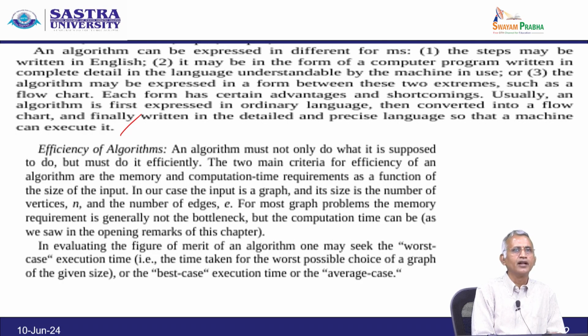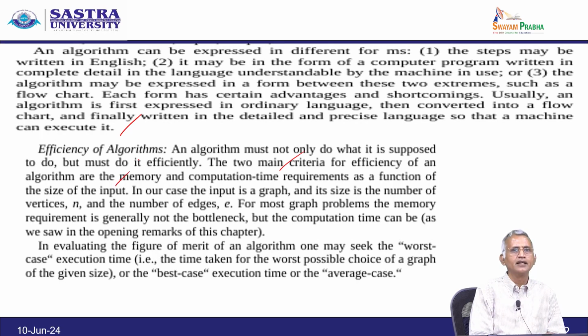Next, the efficiency of an algorithm. An algorithm must not only do what it is supposed to do, but must do it efficiently. The two main criteria for the efficiency of an algorithm are the memory and computation time requirements as a function of the size of the input.